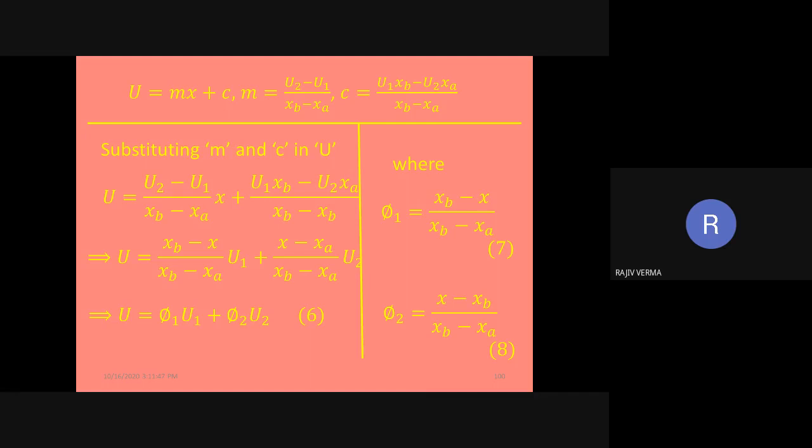So there are three terms, mx square plus nx plus c, corresponding to the three nodes in the element. And the three unknowns are the values of m, n, and c.